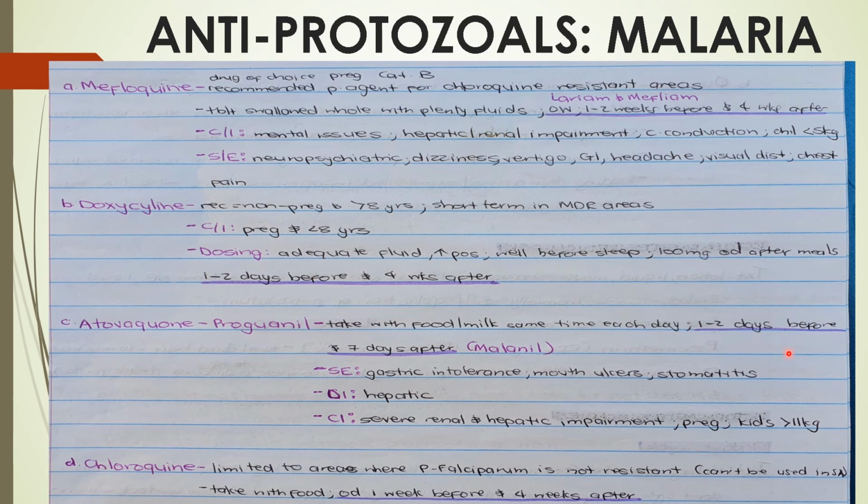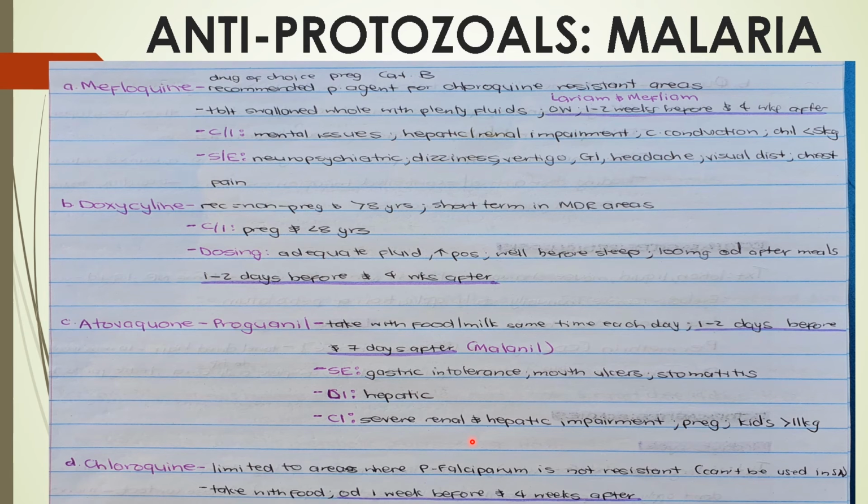And then the last one is chloroquine. This is limited to areas where P. falciparum, which is the microorganism that causes malaria, is not resistant. Because most areas are now very much resistant. I mean, this microorganism has become very resistant to most of these chemoprophylaxis.